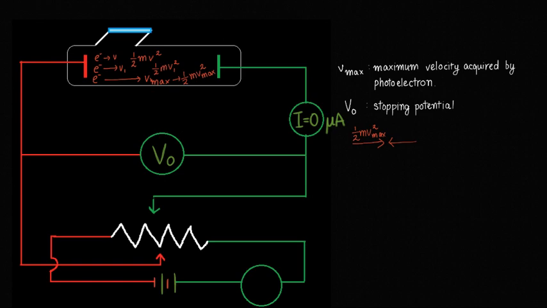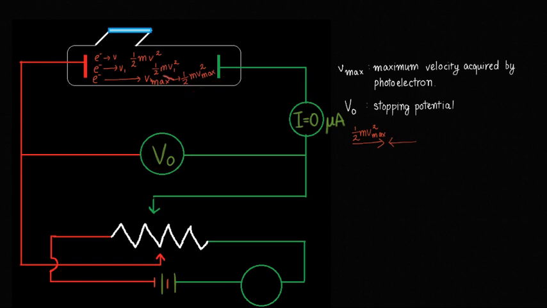The stopping potential has to stop the electron moving with velocity v, the electron moving with velocity v1, and the electron moving with velocity vmax. That means the work done by the stopping potential to stop all of these electrons should be equal to half m vmax square. Why half m vmax square?